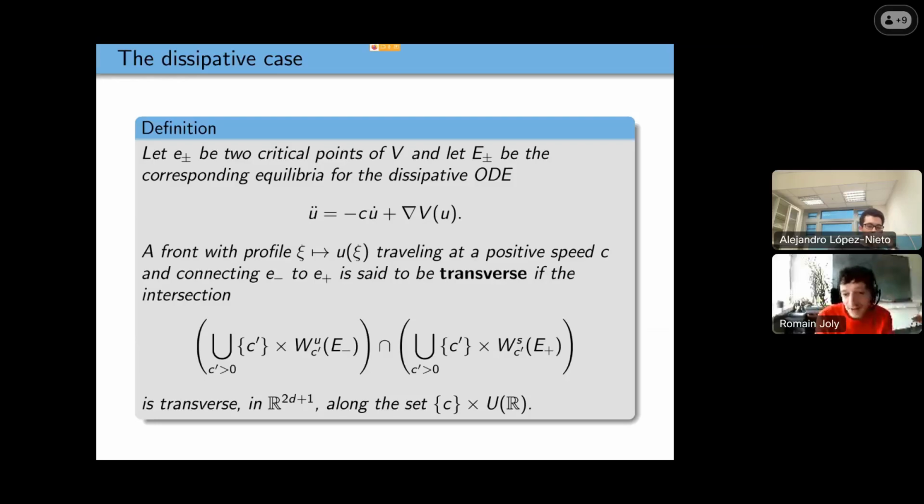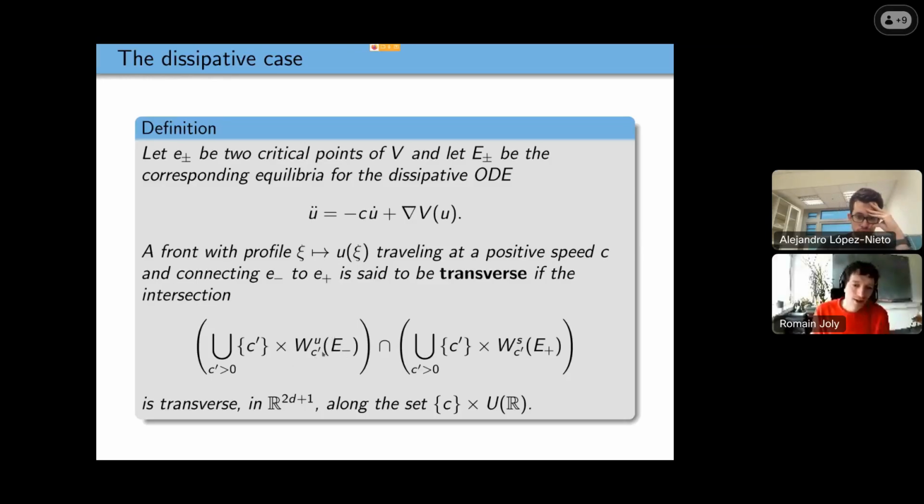If you look at the standard transversality for ODE, again, for traveling fronts, it's not interesting. It will not give you anything. So we introduce a notion of transversality for traveling fronts, and it is the following. You consider the patterns that are solutions of this ODE with the speed C, and you consider what happens when your speed C is moving. So you're not only considering the unstable manifold of your equilibrium point at a fixed C, but you're looking at what happens when C is moving also.